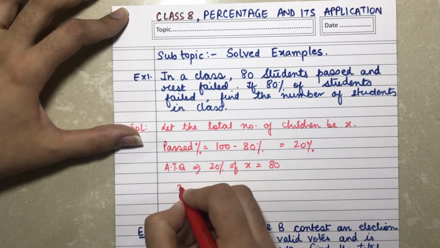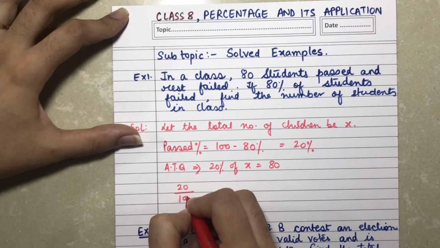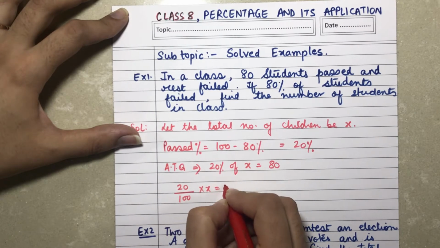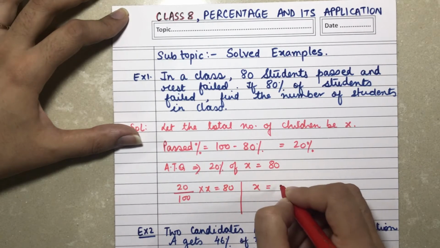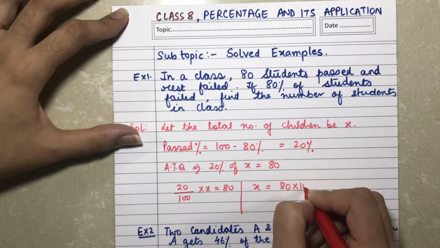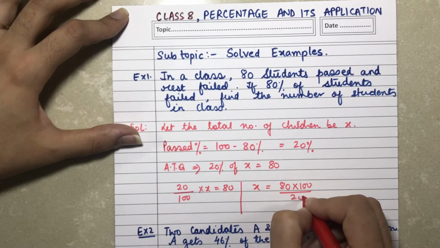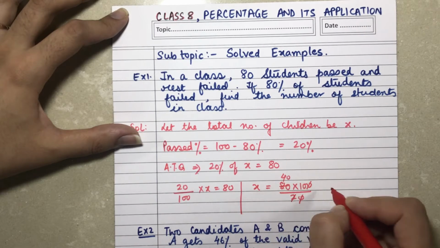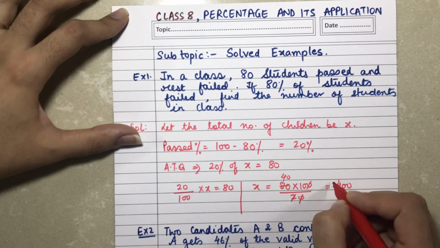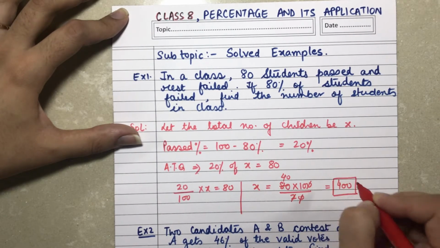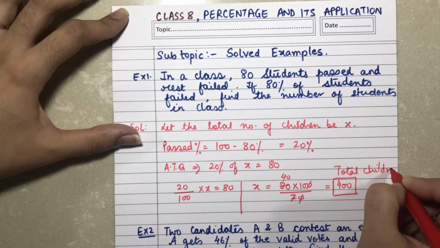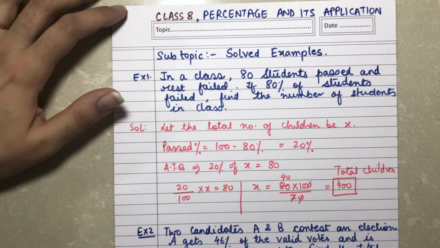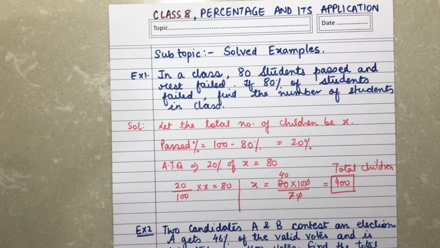So let's solve this. 80 upon 100 into x is equal to 80, which gives me x is equal to 80 into 100 upon 80, and when I solve this I get 100. Therefore, the total children in my classroom were 100. I hope this part is clear to everybody.